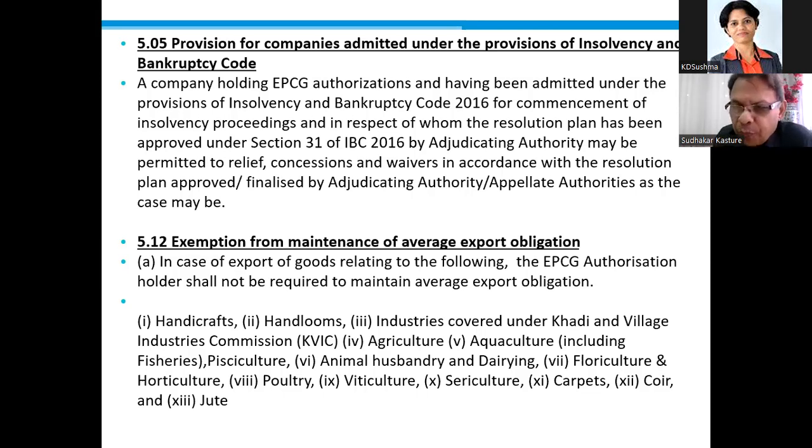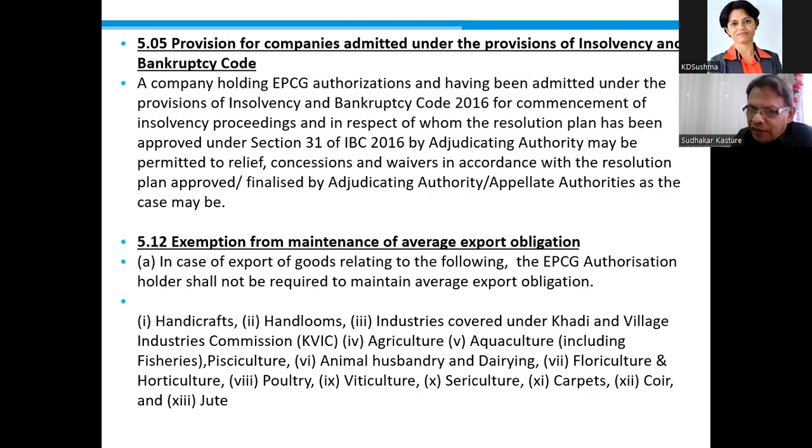So waivers are possible, extension of time is possible, everything is possible in this case if such revival plan is already approved by this particular authority, and based on the plan approved by them. So it's a specific case. If some unit has become sick or you are trying to take over a sick unit and you want some concession in terms of export obligation, at that time, you should look at these particular aspects.